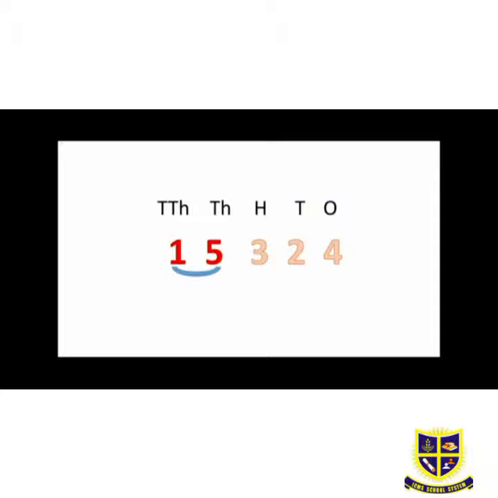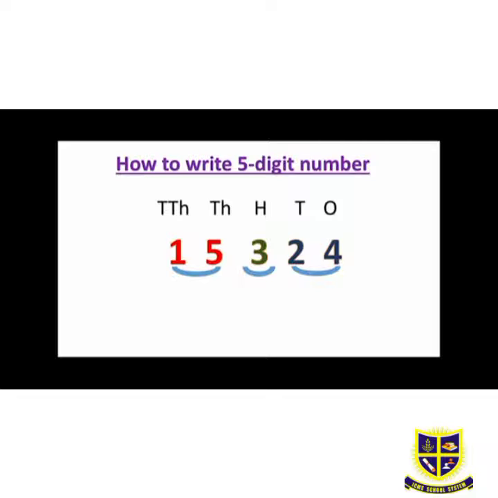Similarly, we can name a 5-digit number. Once again, we can divide it into 3 parts. That is, the number name is made up of 3 parts. The first part comes from these 2, the second part comes from this, and the third part comes from these 2 taken together.